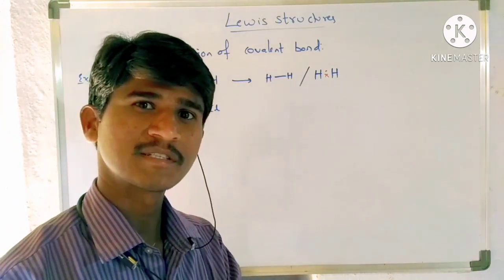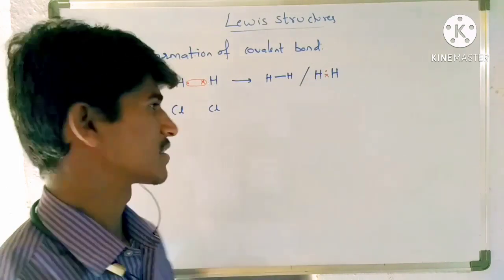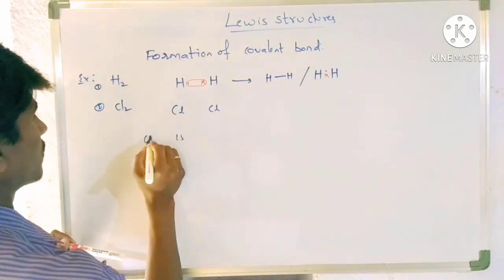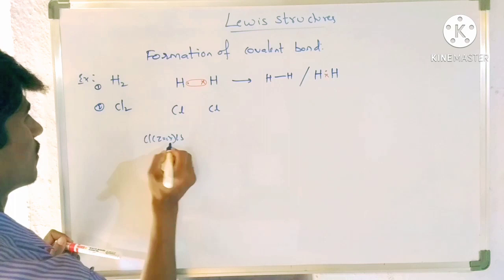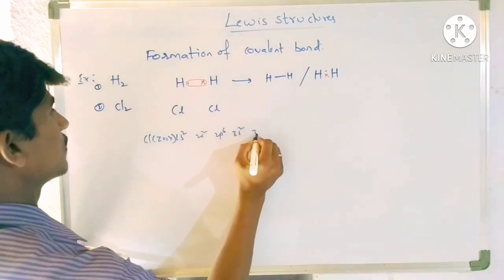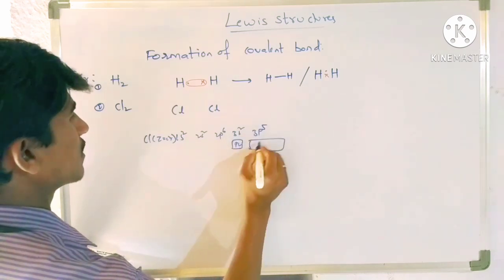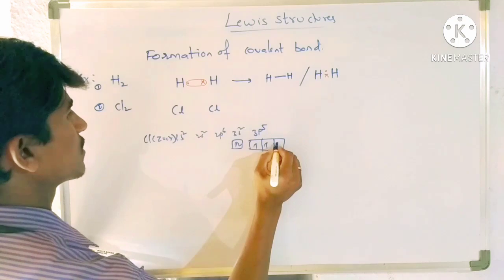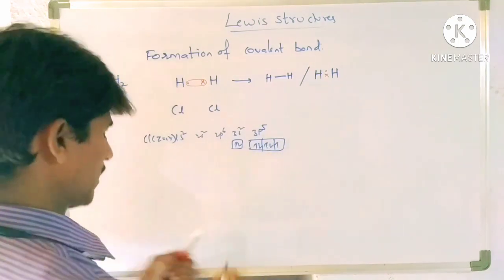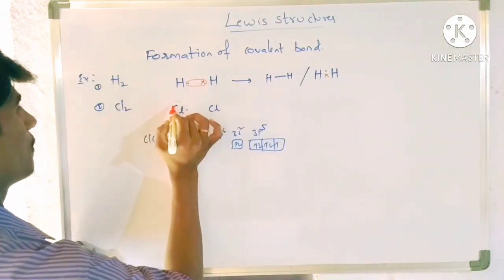Chlorine Z is equal to 17: 1s2, 2s2, 2p6, 3s2, 3p5. Total 7 valence electrons. So there are 3 pairs and 1 unpaired electron.